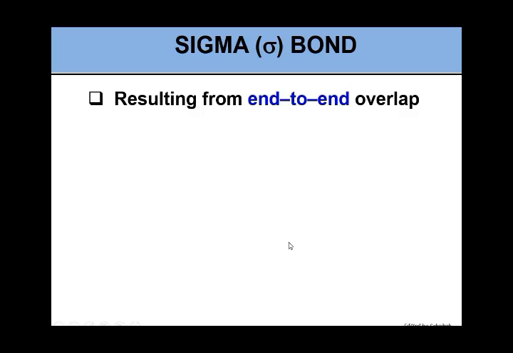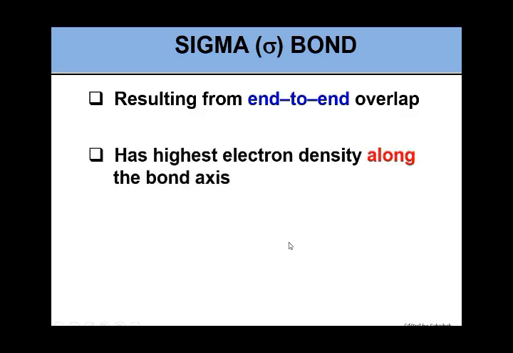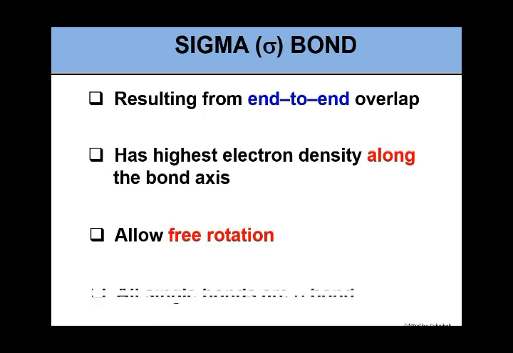Resulting from end-to-end overlap produces a sigma bond. Sigma bond has highest electron density along the bond axis. Sigma bond also allows free rotation. All single bonds are sigma.